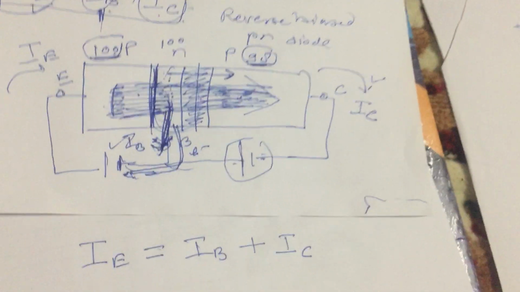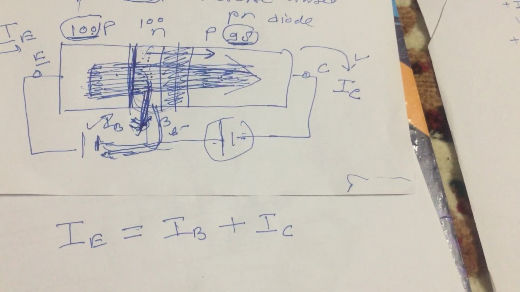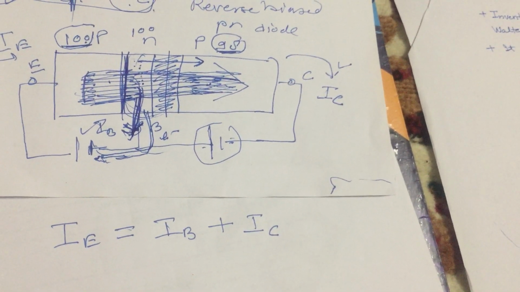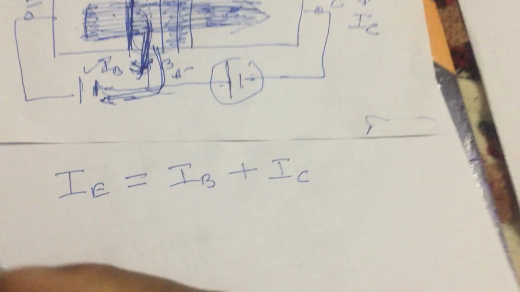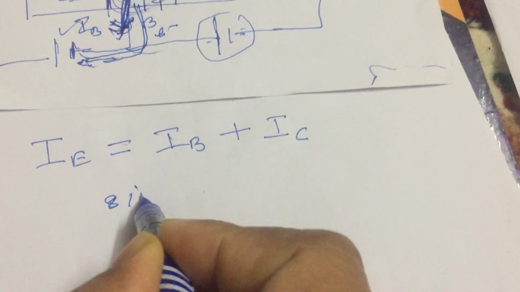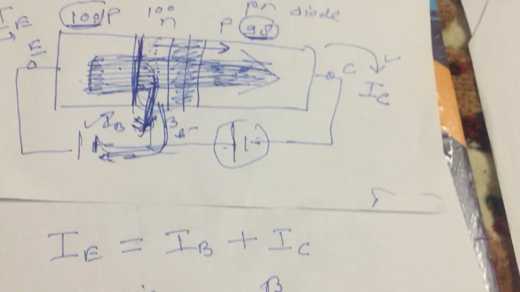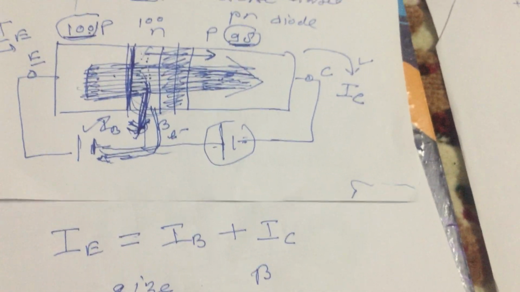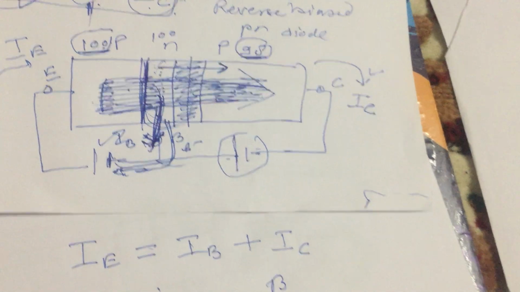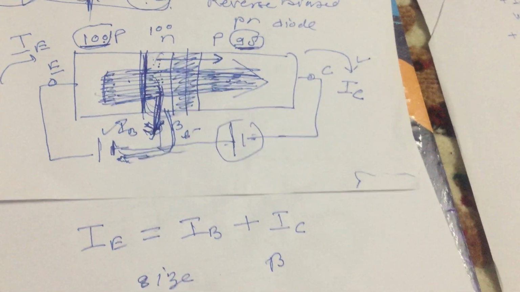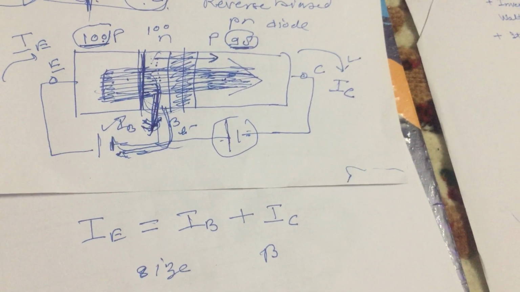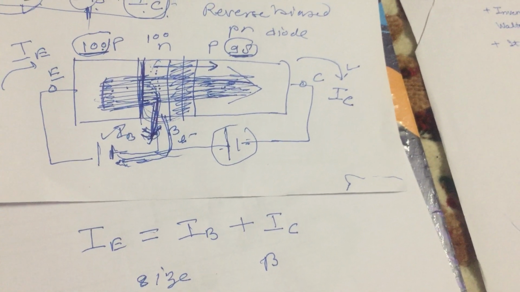Then obviously the deficiency of electrons and holes will increase, and there is more base current. So we make the size of the base very small to reduce the base current. It should ideally be 0, or in microamperes or nanoamperes. So we have the size of the base as the least one.